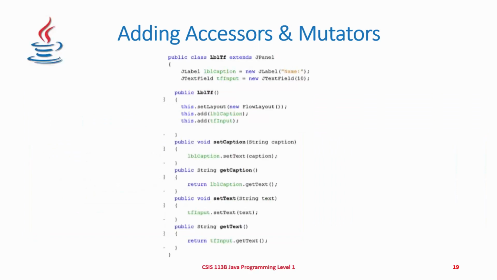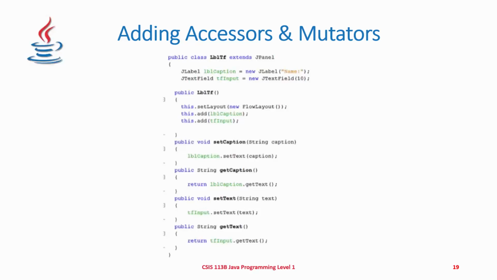So going back now and modifying our LBLTF class, you can see that we're adding accessors and mutators now. If you look below the default constructor there, you see we have a set caption method and a get caption method. Remember, get caption is the accessor method, set caption is the mutator method.